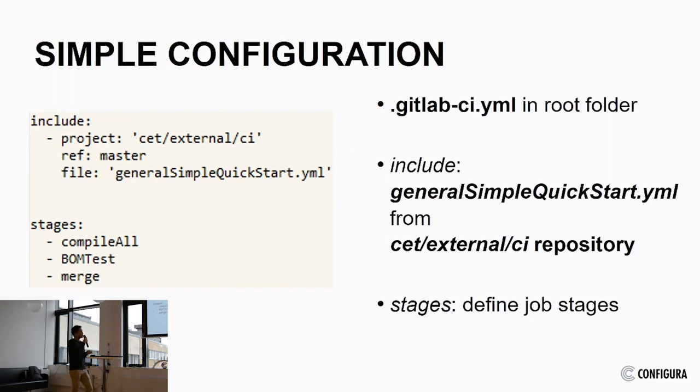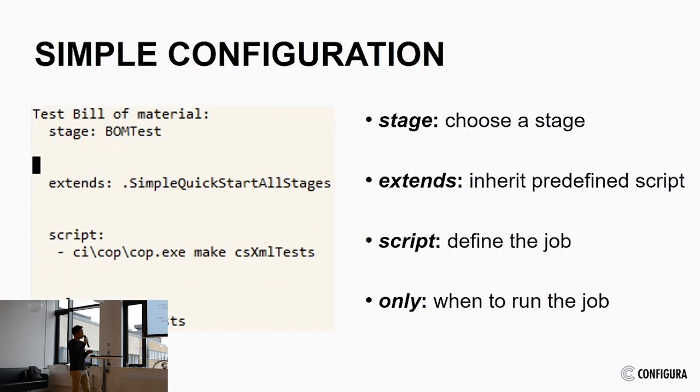And once this is done, we just need to define the job itself. So in this case, we have a test here, and that should belong to the stage bill of material test. And then just inherit from our predefined scripts. If you inherit from a predefined script, you don't need to set up the whole environment to run CT Designer.